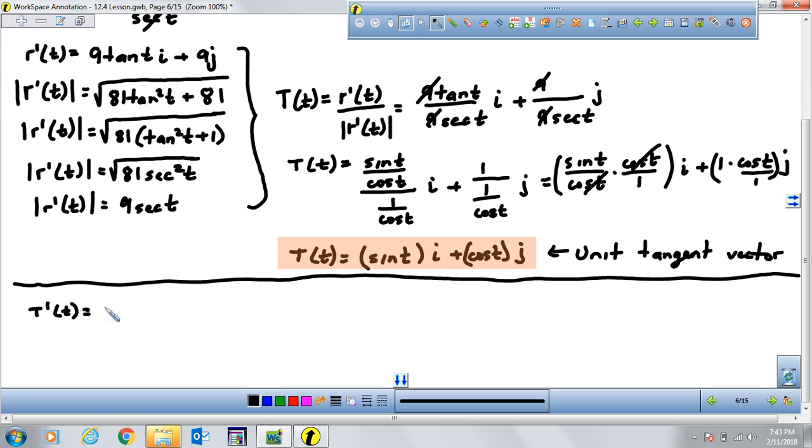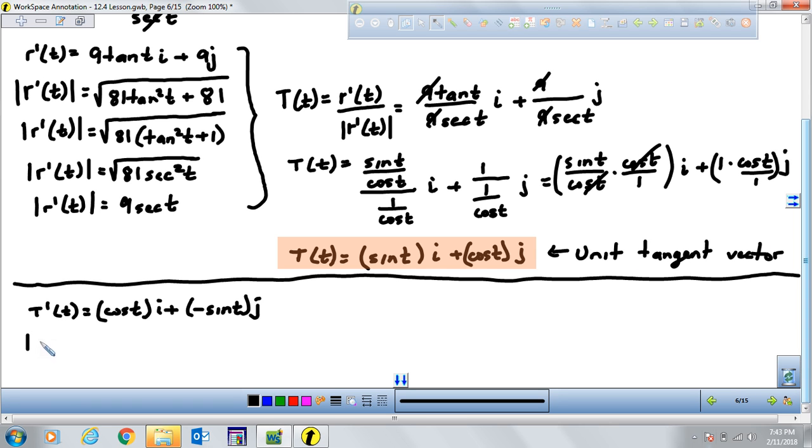Now let's go ahead and take the derivative of the unit tangent vector. So the derivative of sine of t would be cosine of t, and that's the i component, plus, and the derivative of cosine of t is negative sine of t, and that is my j component.